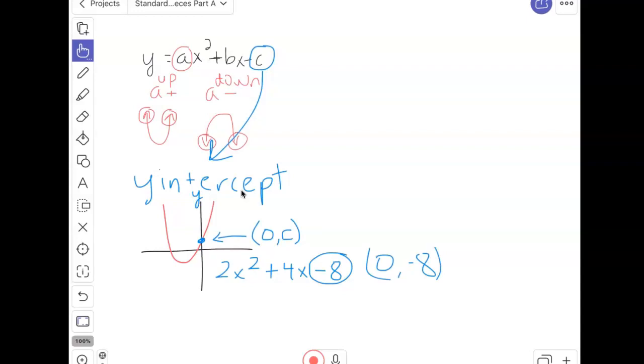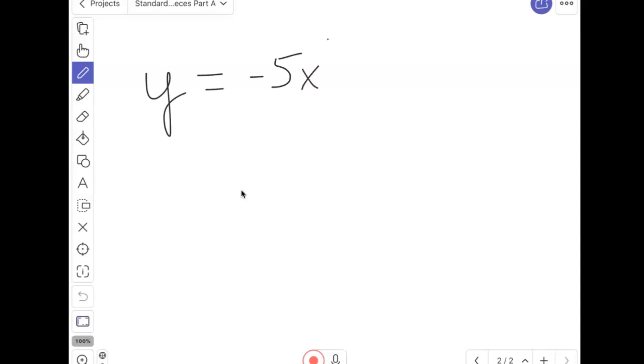For you guys, what I wanted to have you try is to think about this equation. I'll write y equals negative 5x squared plus 4x plus 13, and I'm going to ask you a couple of questions.